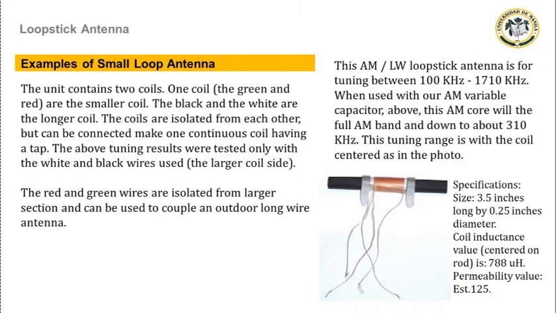The specification of that size is 3.5 inches long by 0.25 inches diameter. Coil inductance value centered on the rod is 788 microhenry. Permeability value is 125.